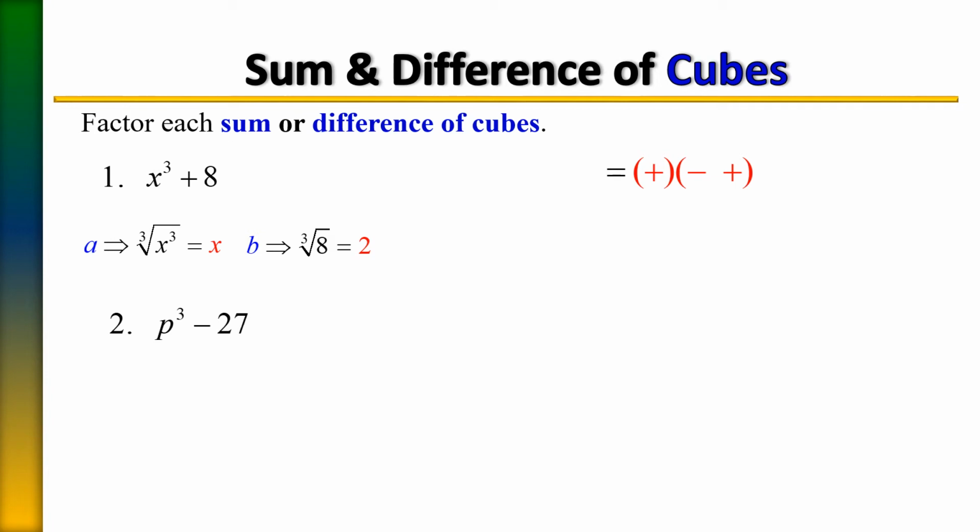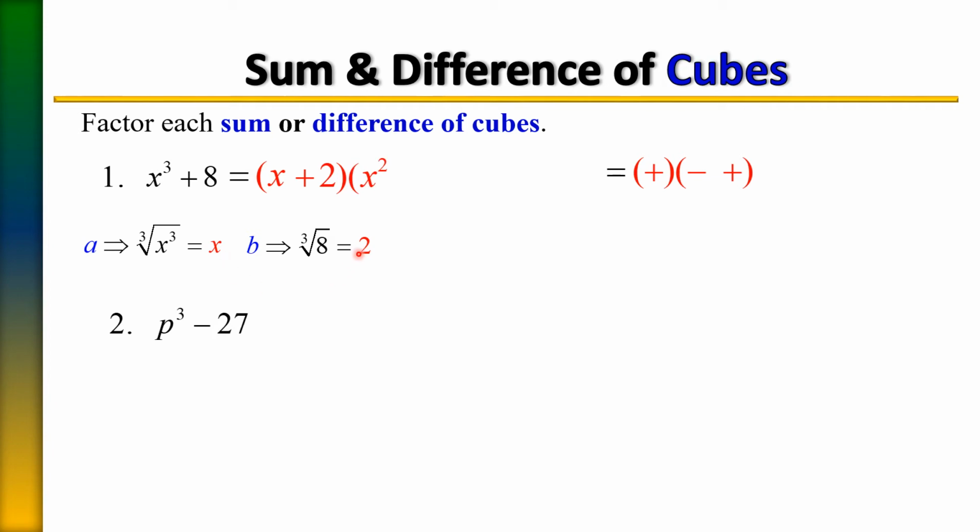We're going to call x A. We're going to call 2 B. So let's fill in the binomial first, which is A, then B. So that will be x and then plus 2, because B is 2. Now we have the binomial. Let's go to the trinomial. Remember, it's going to be A squared, A and B together, B squared. So let's do the A squared. If A is x and we square that, we get x squared.